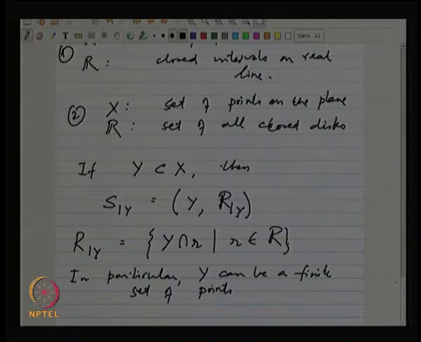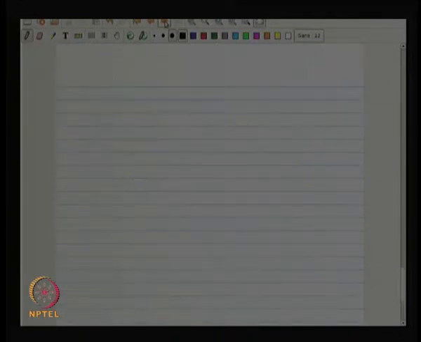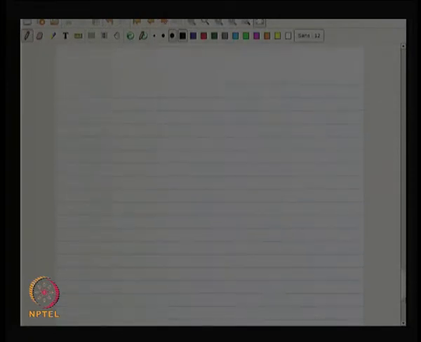What we are really looking at is a property of these range spaces, and that property is the following.